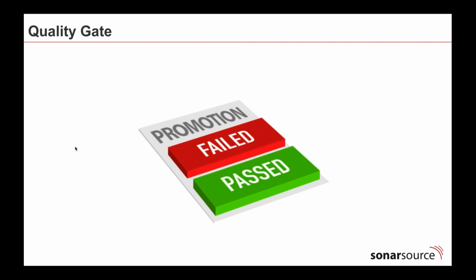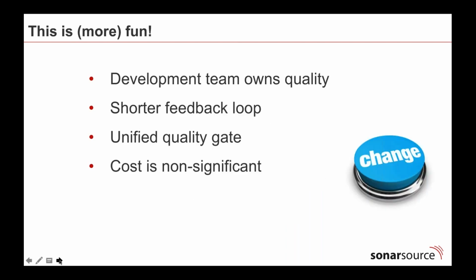So we actually believe that 4 elements should be changed in the approach we usually have to code quality. One is the dev team; they should own code quality.